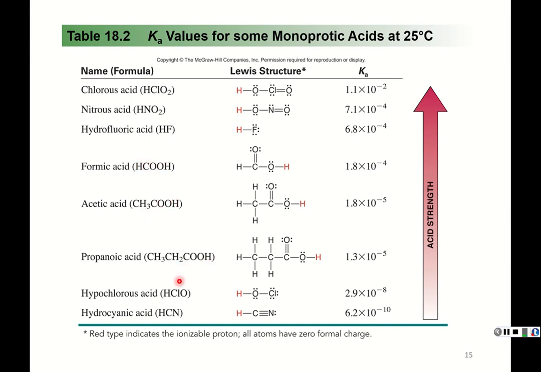Those are always going to be weak acids. Okay. When you compare Ka values, the higher the Ka value, the higher the strength of that acid is. So the lower the Ka value, the weaker the acid is. The higher the Ka value, the stronger the acid.